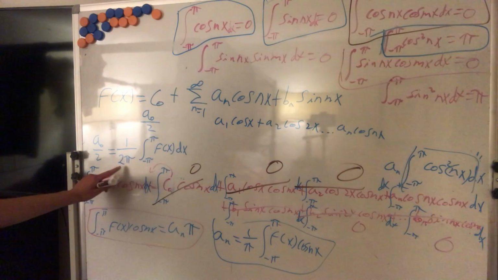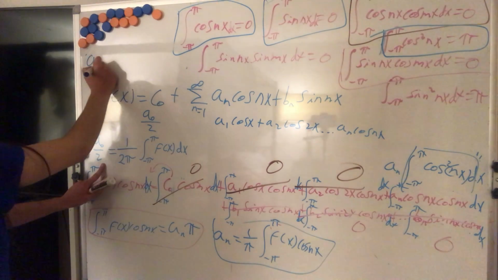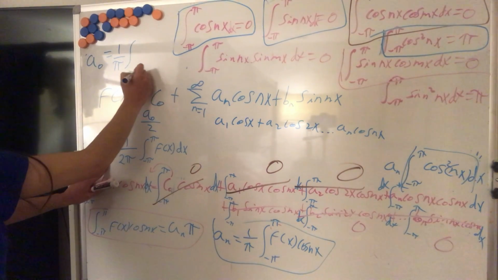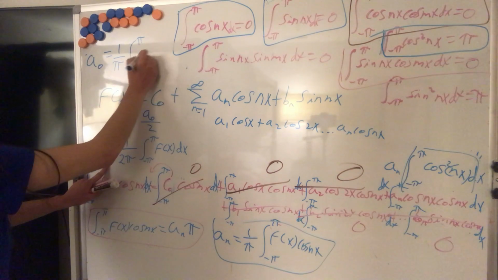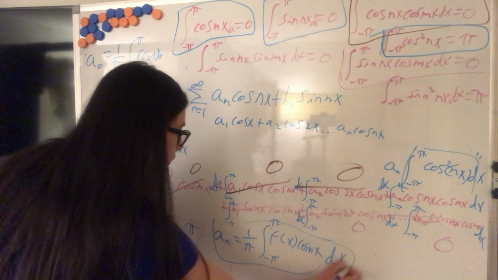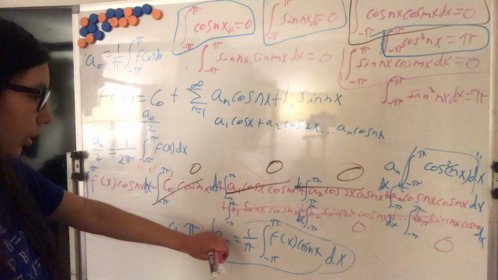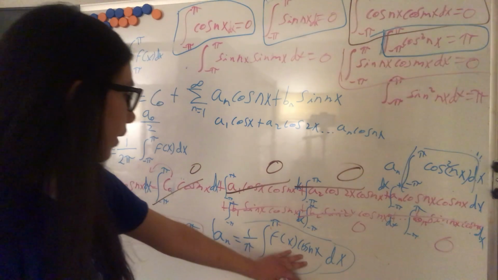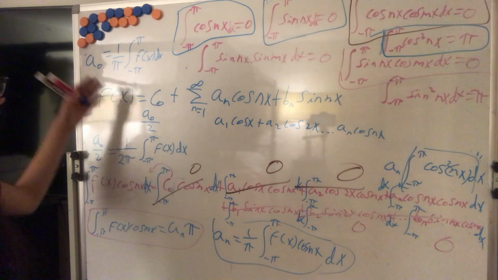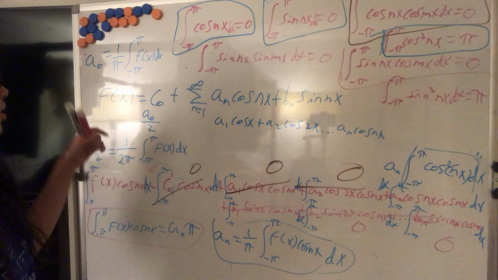So it's similar in a sense to the constant term, because remember that a sub 0 is 1 over pi times the definite integral from minus pi to pi of f of x dx. Here I forgot to put the dx. So the only difference is that a sub n has the definite integral of f of x cosine nx instead of just f of x, and a sub naught divided by 2 is the constant.